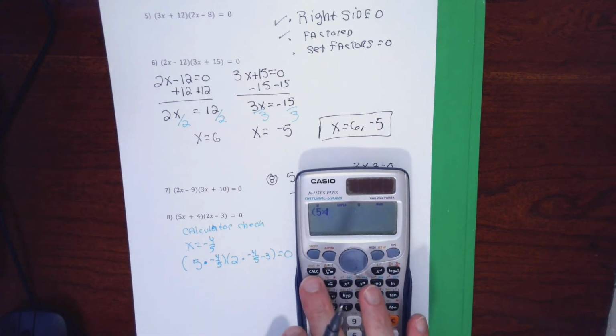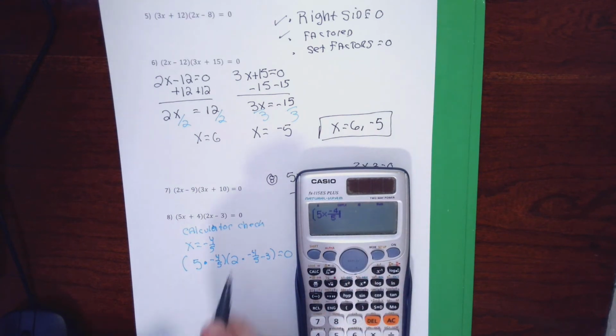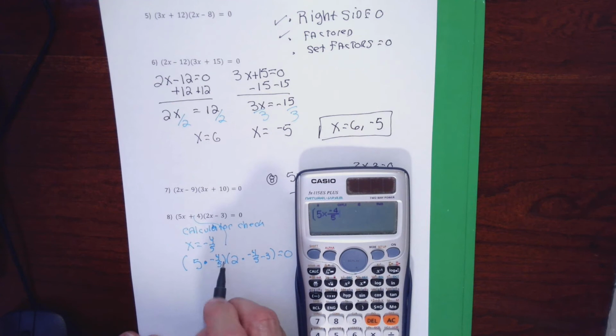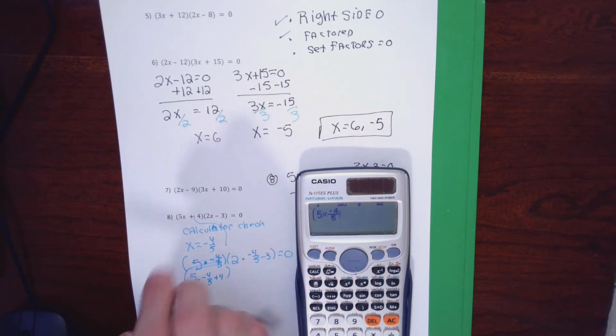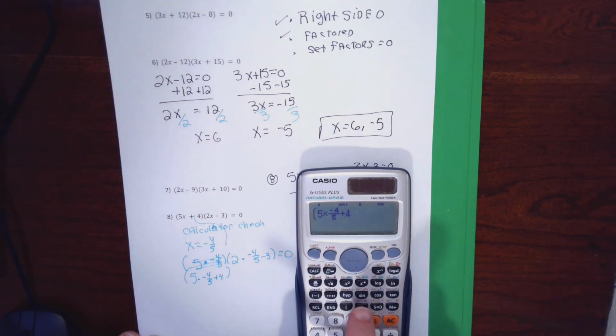5 times fraction negative 4/5. Whoops, I forgot the plus 4 in this one. Should be 5 times negative 4/5 plus 4. Forgot the plus 4, so freaked out by the fraction. That's the end of the first parentheses.